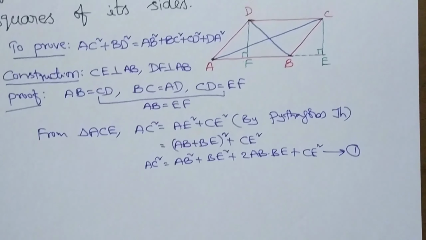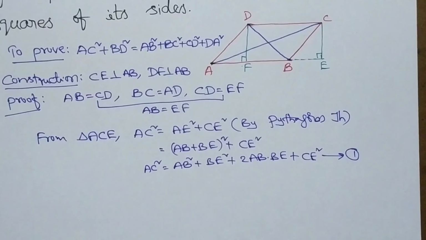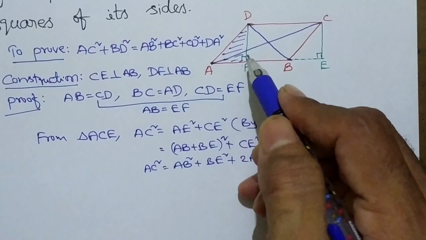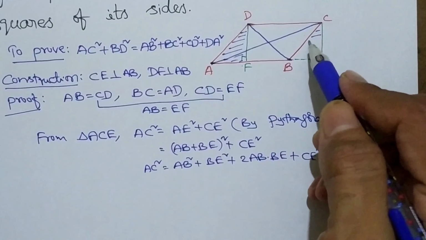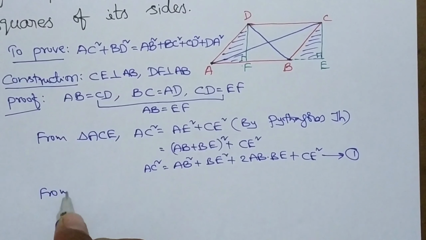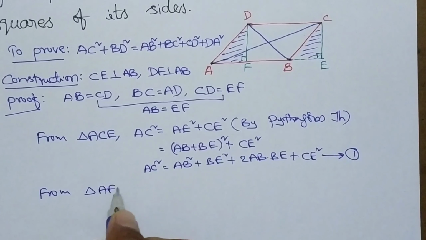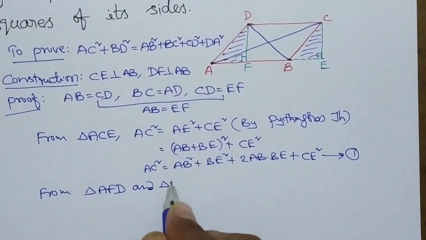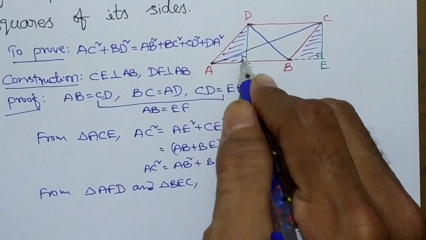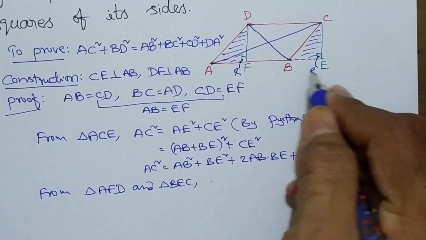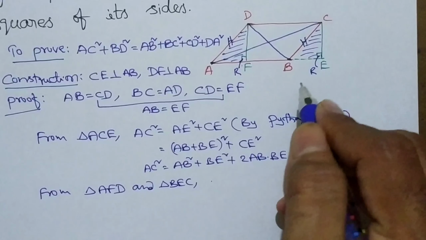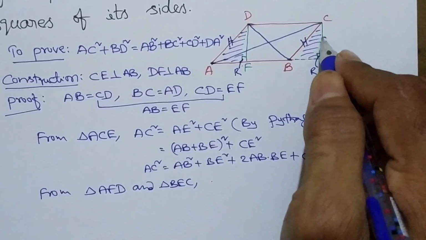Right. Now here compare the triangles AFD, this one, also BEC. From triangle AFD and triangle BEC, angle F is equal to angle E, that is right angle. See, this is right angle, and already we know AD equal to BC, they can be taken as hypotenuse, and here DF equal to CE, so it will be side.